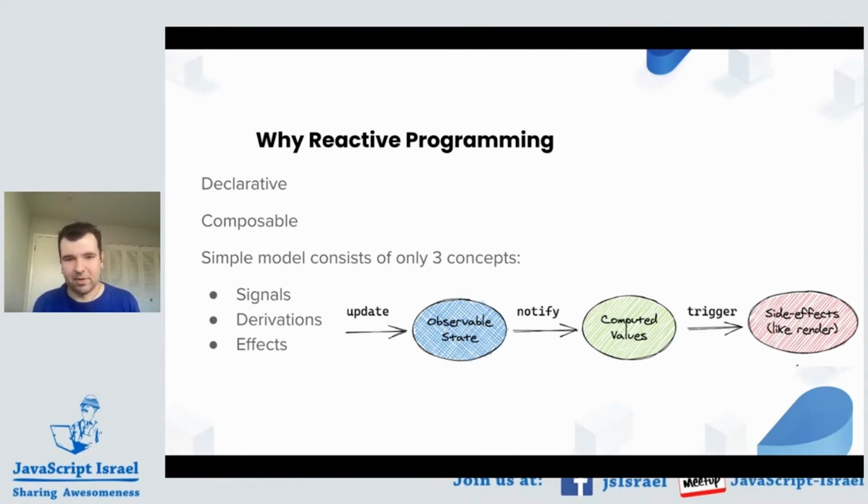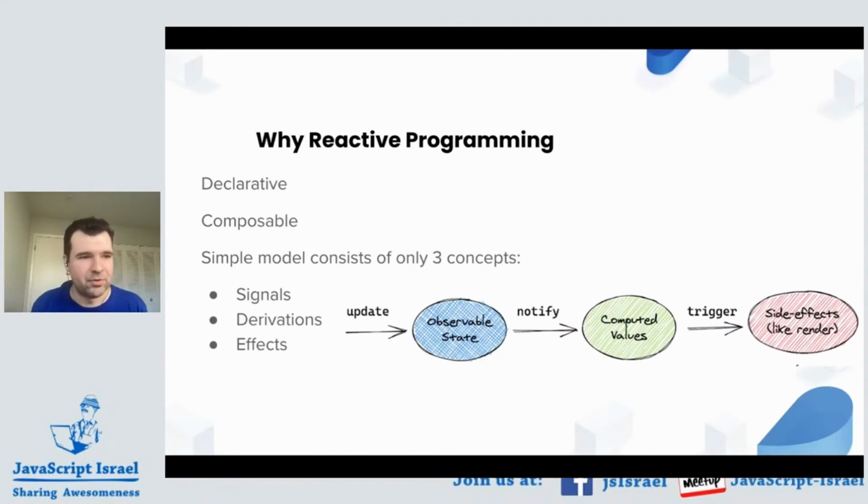But the coolest thing about fine-grained reactivity, or what I'll be covering here, and the language shown throughout this talk, is that you only really need to know about 3 things. You need to know about the observable state, or signals as I call them, which are the atomic data that is tracked. You need to know about computed values, or derivations.